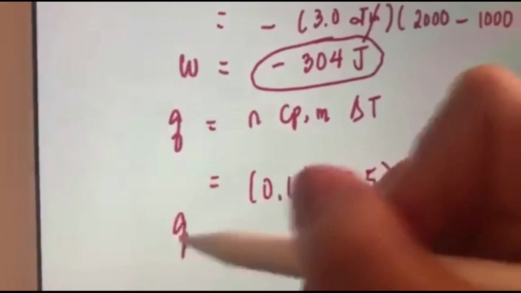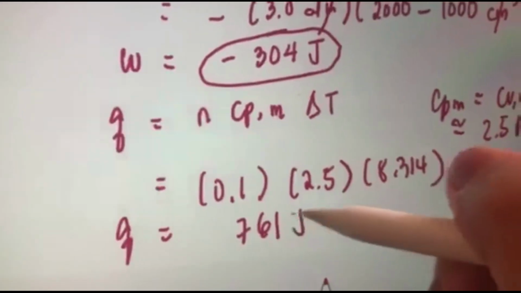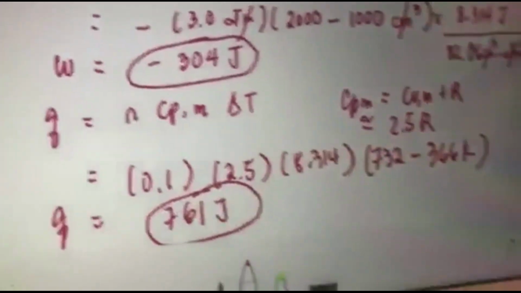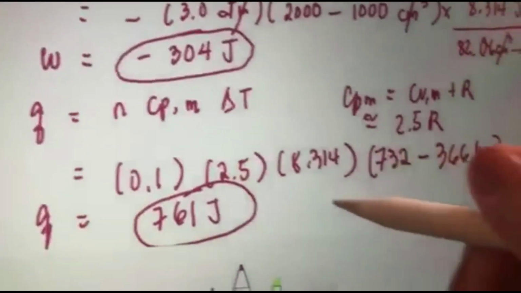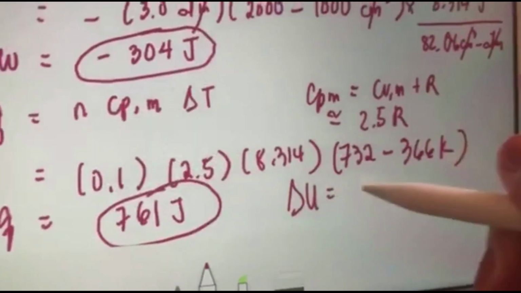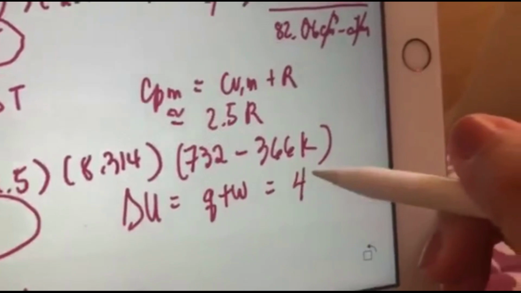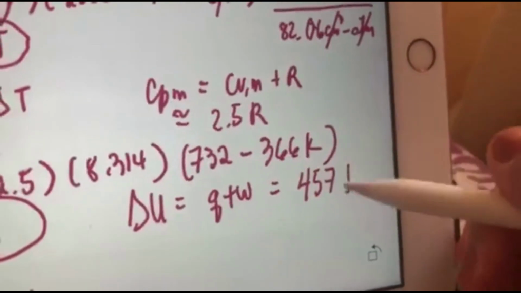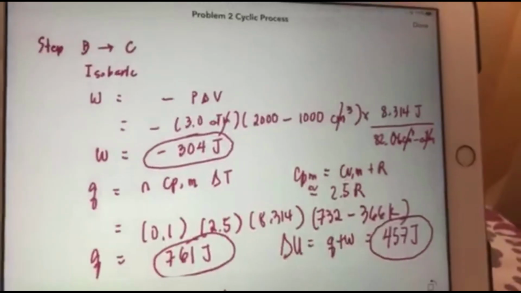So QBC is equal to 761 joules. And then applying the first law of thermodynamics, delta U is equal to Q plus W, so we will be getting 457 joules.